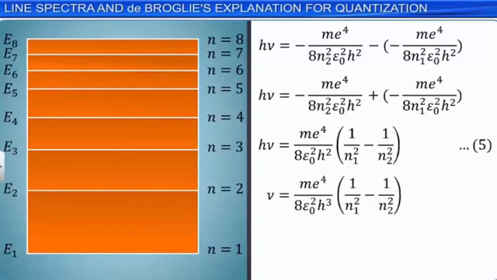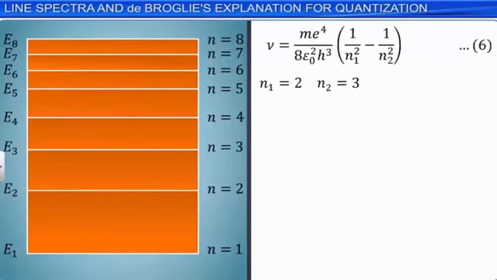Substituting n1 equal to 2 and n2 equal to 3 in equation 6, we get nu equal to m e to the power 4 by 8 epsilon naught square h cube into 1 by 2 square minus 1 by 3 square.